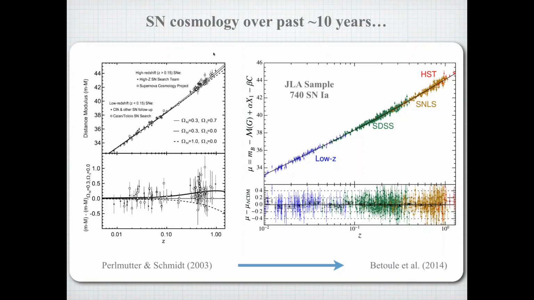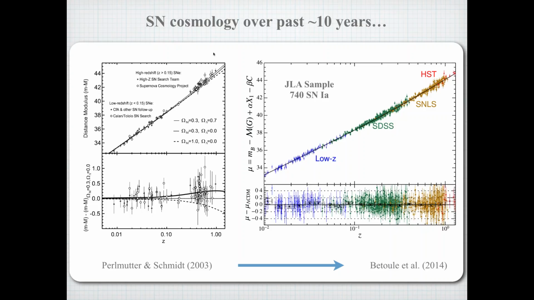And then in blue shown here are the low redshift type Ias that are found in many other surveys. On this diagram are 740 good, high-quality Ia distance measurements. This was the state of the art, or I guess this is still the state of the art, published by Betoule in 2014.